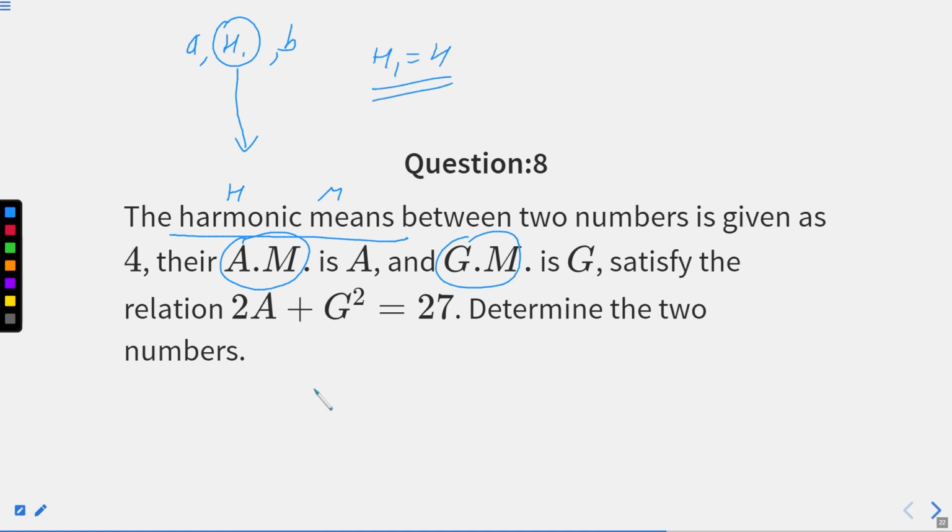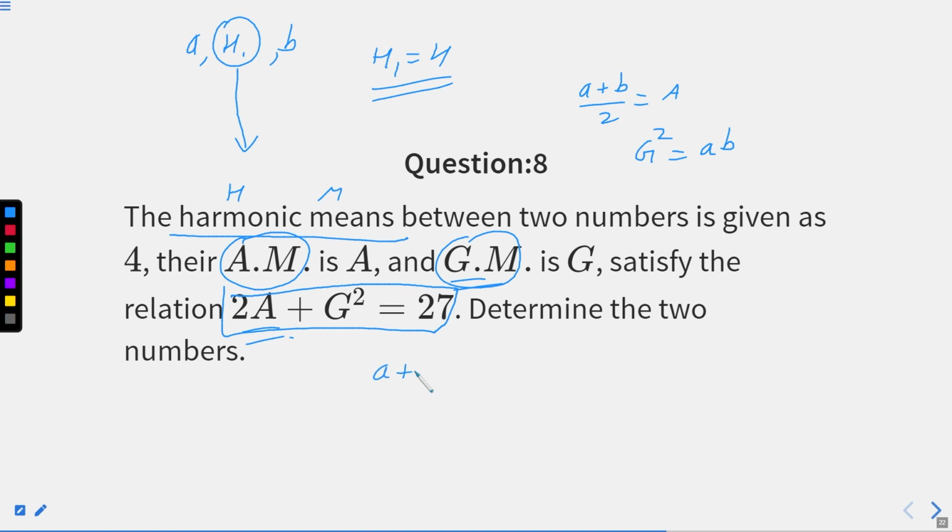Now their AM is A. That is, (A plus B) by 2 is equal to A, the arithmetic mean. GM is G, meaning G square is equal to AB. They satisfy this relationship.